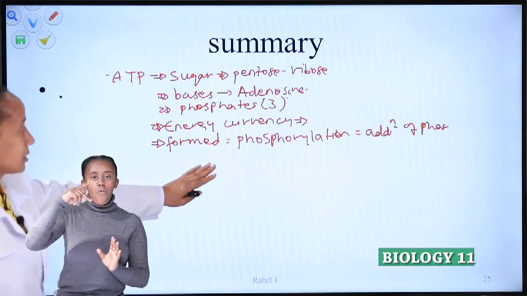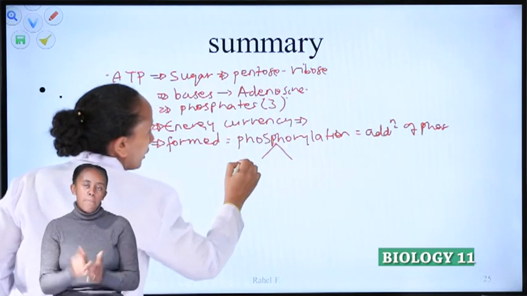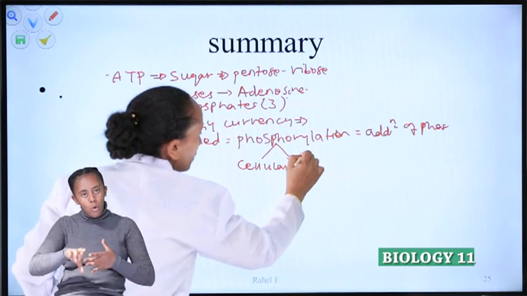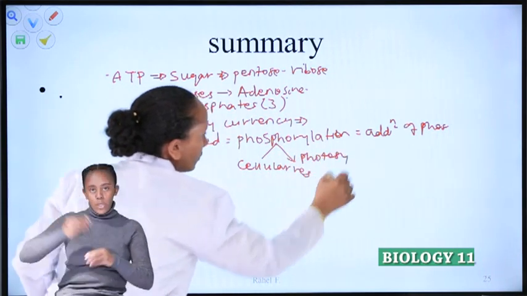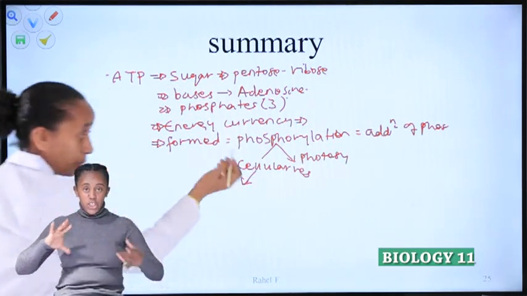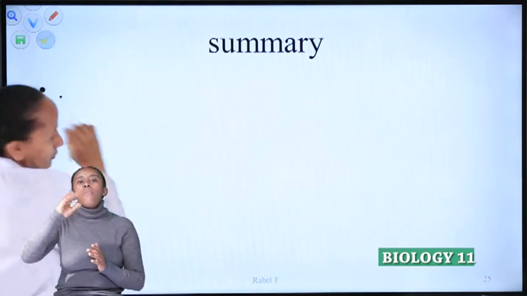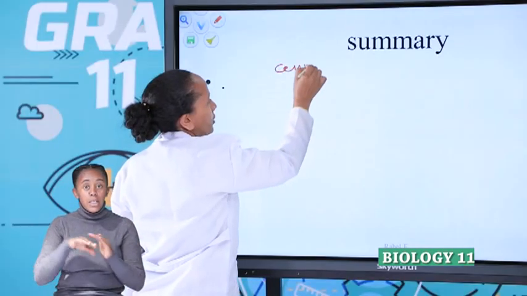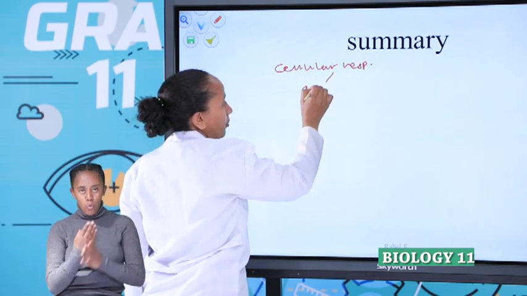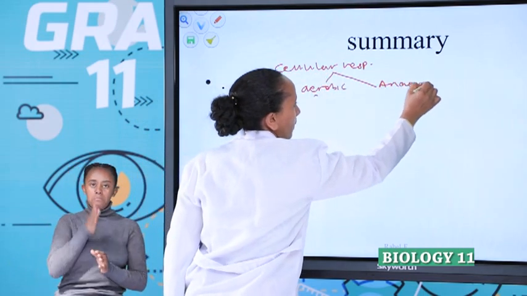Phosphorylation occurs in the cell in different ways. It can be in cellular respiration, or it can be during photosynthesis. In cellular respiration, as we've seen, ATP can be produced by an aerobic pathway or an anaerobic pathway.